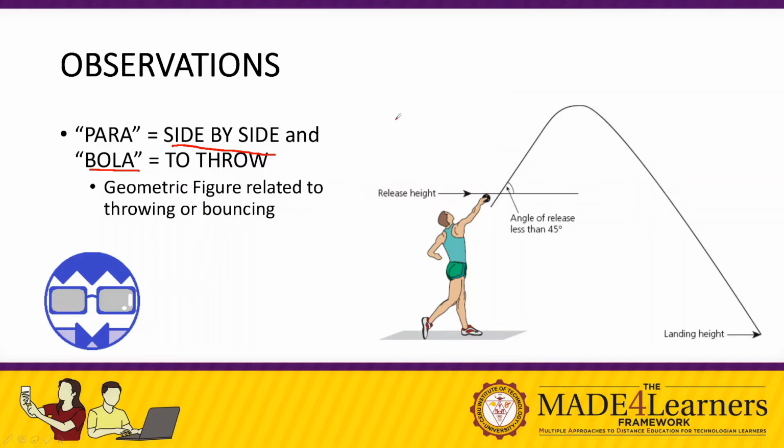In fact, it's called bola because the term bola refers to the term to throw or to throw away. So it's actually related to the concept of throwing and bouncing. That's why when we say bola, the bola bounces.